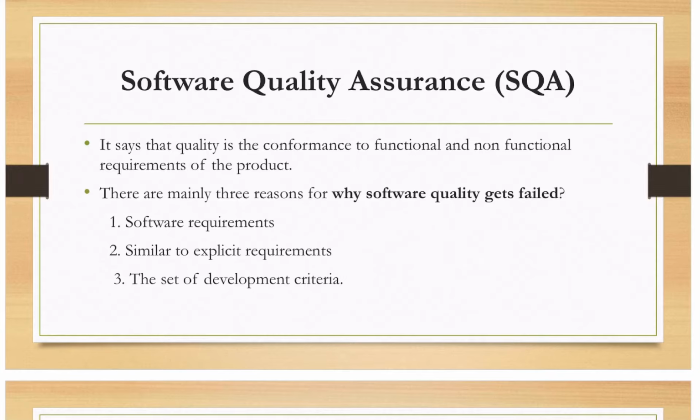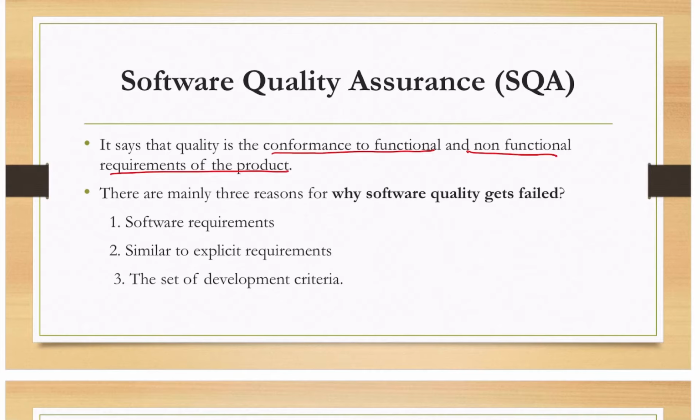Next is software quality assurance, also called SQA. It says that quality is the conformance to the functional and non-functional requirements of the product. We have already discussed the definition of software quality.